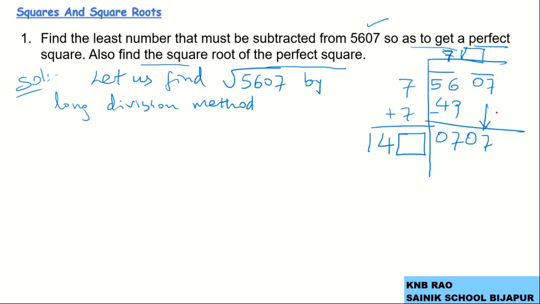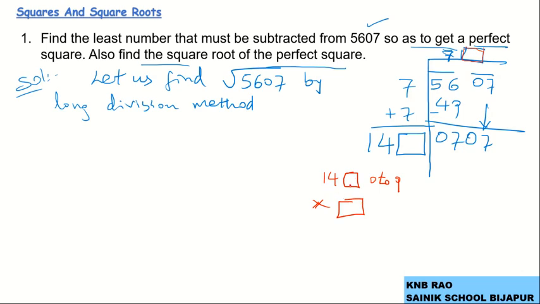I am taking red. So this box we need to fill with an appropriate digit, by trial and error, a digit from 0 to 9 multiplied by the same digit.